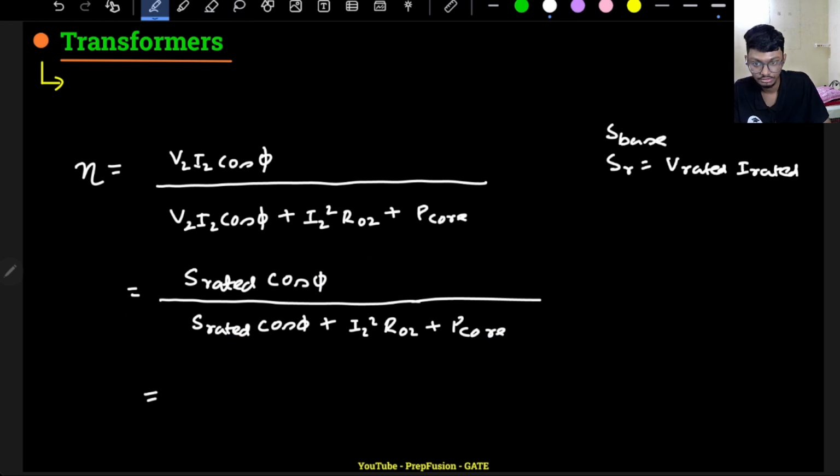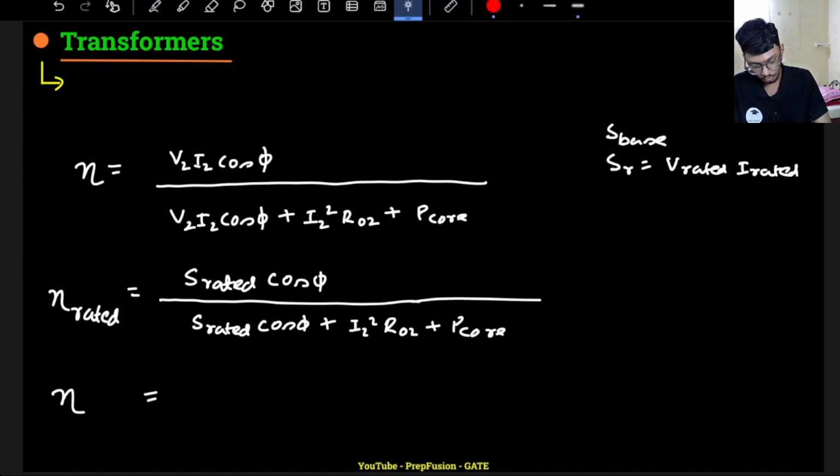So I want to change this formula. This is the efficiency at rated load. What is the efficiency at any current, any random current?